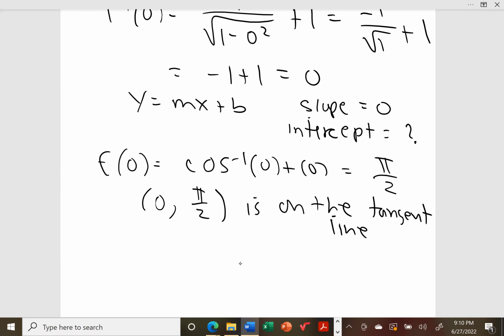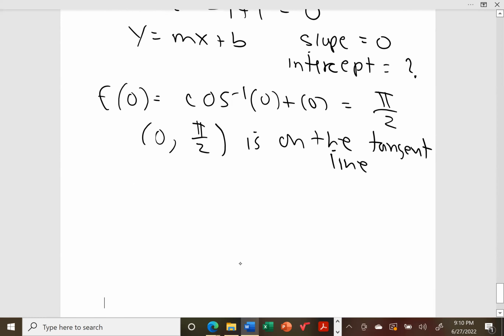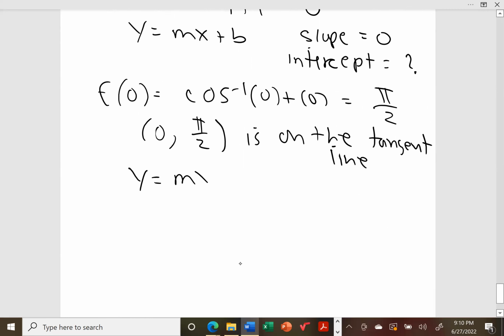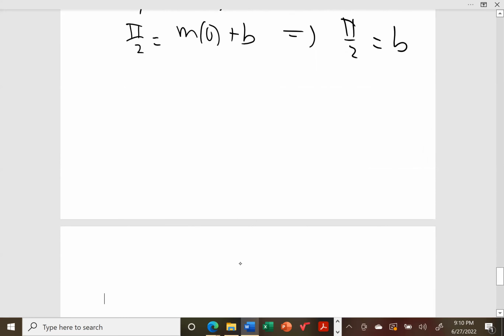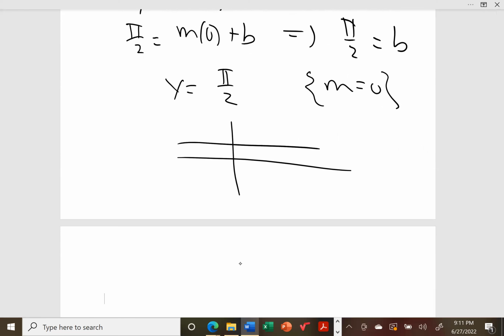So therefore, by the way, pi over 2 is approximately equal to about 1.57. So we'll have pi over 2 to solve for b. We have pi over 2 equals b. So the equation is y equals pi over 2 because m is 0. So it's a straight line, wherever it is.